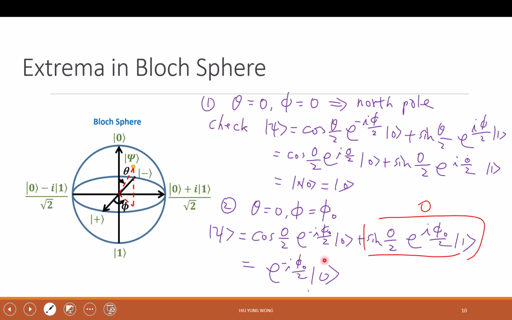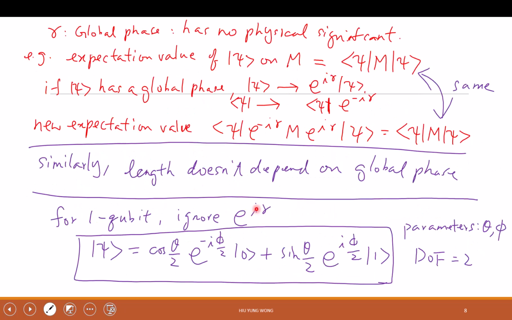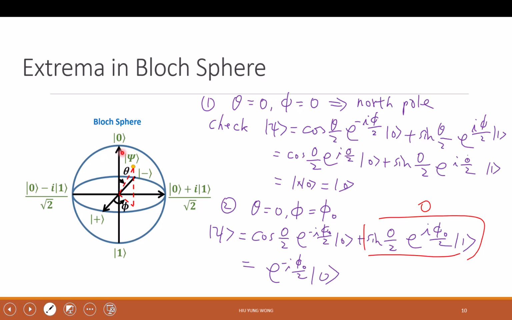The difference is just that it has an extra phase. Again, I will say what? If you have an extra global phase, it doesn't matter. And that's what we said earlier. We already dropped the extra phase. So actually, every point on this Bloch sphere corresponds to an infinite number of states, but they differ only by a global phase, e to the power i something.